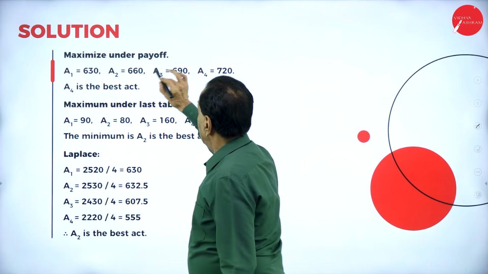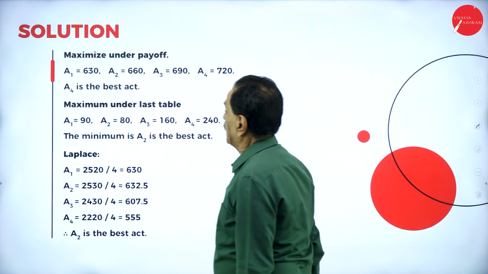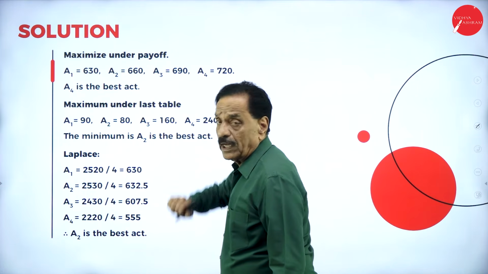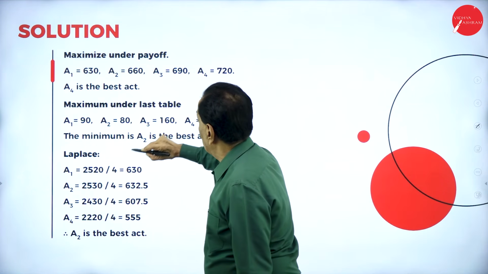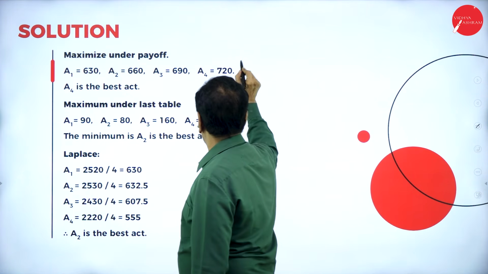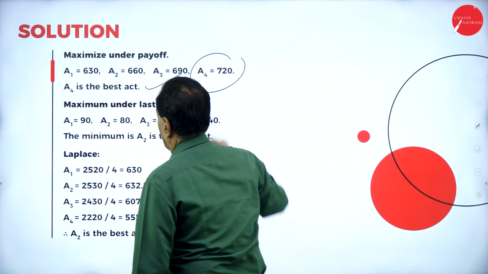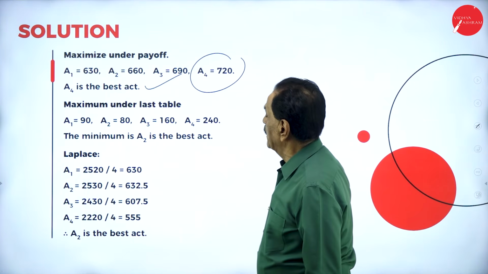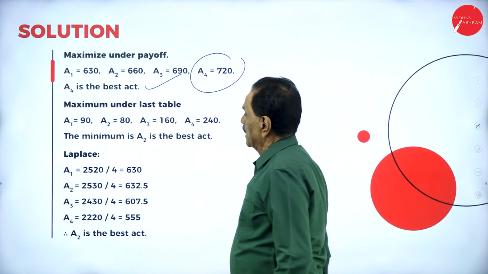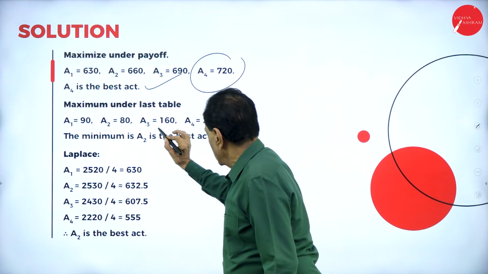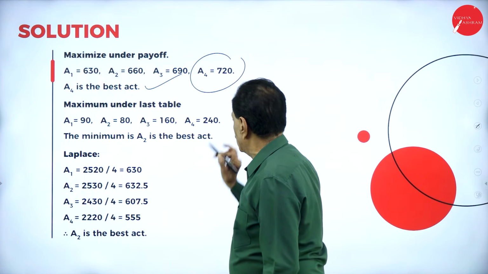Now, maximum under the payoff table: A1 is 630, A2 is 660, A3 is 690, A4 is 720. Therefore, which is the highest one? A4, which is the best act. Maximum under the loss table: A1 is 90, A2 is 80, A3 is 160, A4 is 240.